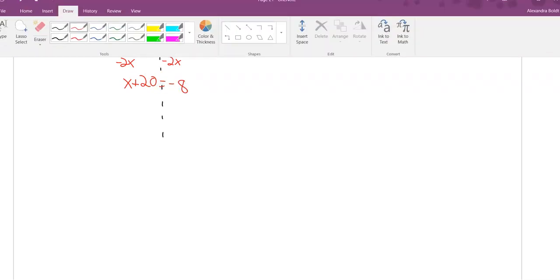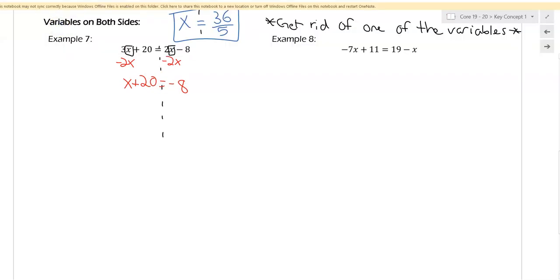All right, so now I have x plus 20 equals negative 8. There's my x. It has a plus 20, so I'm going to subtract 20. Those cancel. Negative 8 minus 20 is negative 28. Nice and easy there.